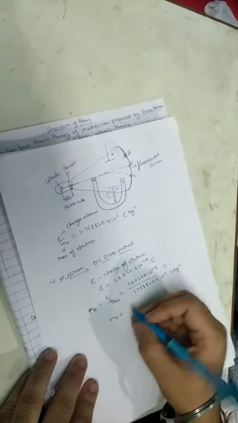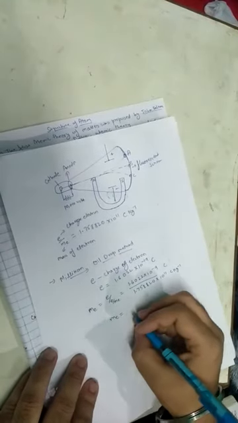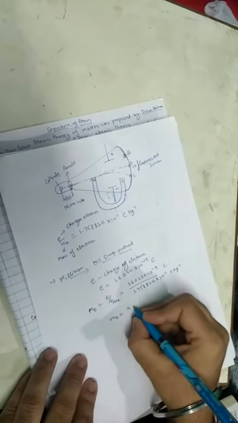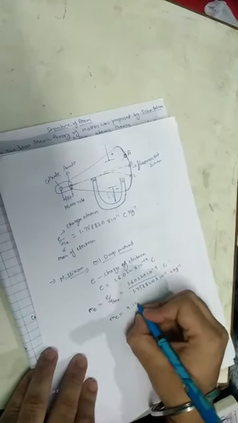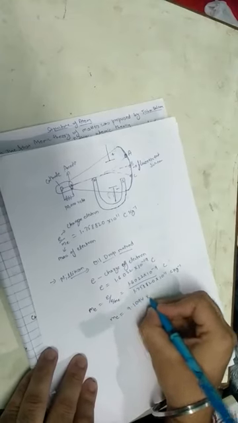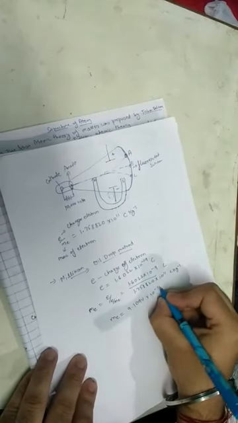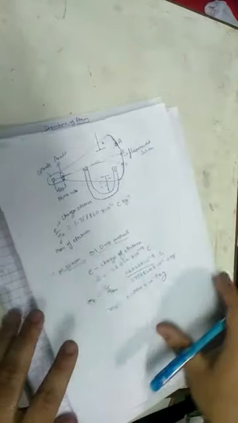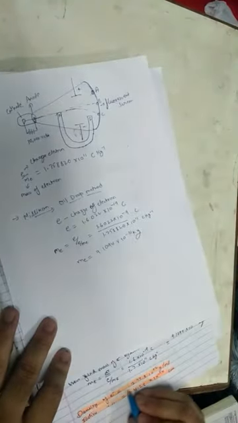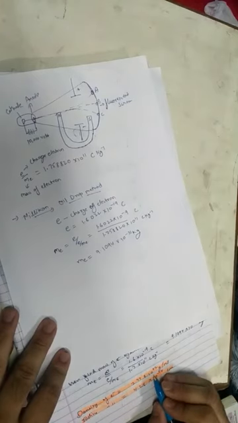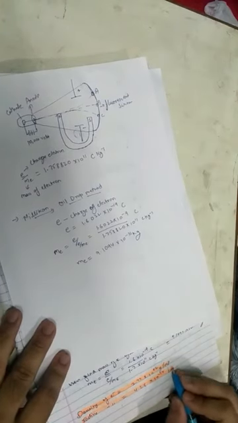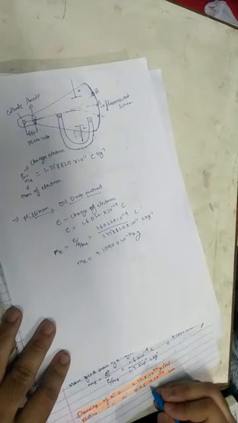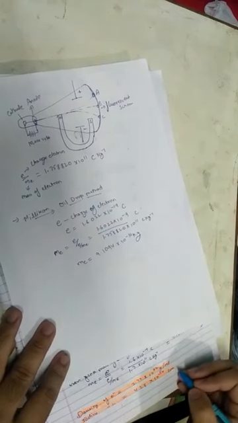Then we calculate the mass of electron and we find that it is 9.1094 into 10 to the power minus 31 kilogram, and density of electron is 2.77 into 10 to the power 12 gram per ml. Radius of the electron is equal to 4.28 into 10 to the power minus 14 centimeter.